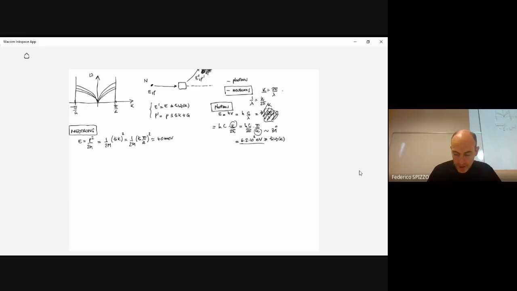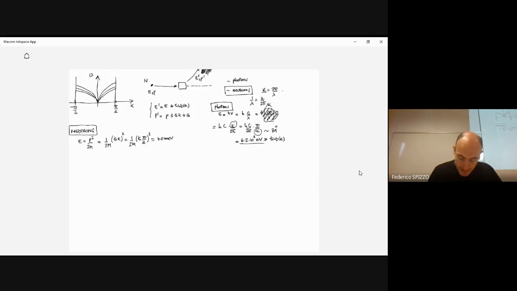So in general, for these experiments, you use a lab where you may have radioactive elements that are used to produce the neutrons that then are sent to the solid for the experiment.